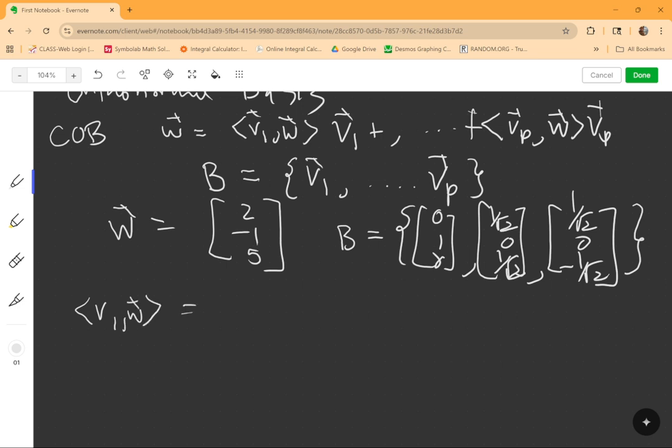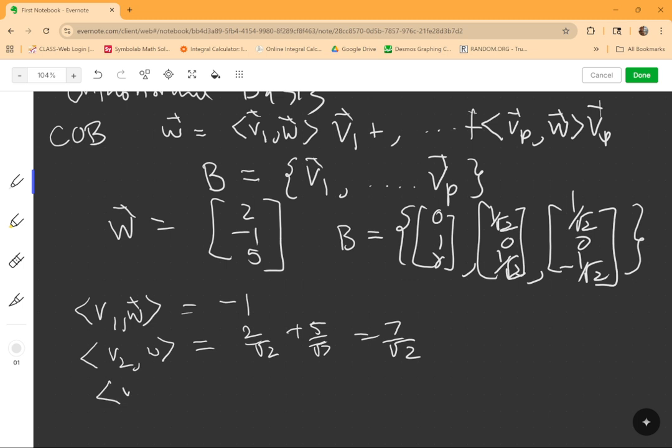Doing that element-wise, this becomes -1. For v2, what does this become? 2 over root 2 plus 5 over root 2, and that gives me 7 over root 2.